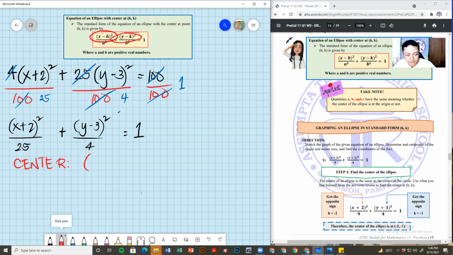Since it became plus 2, it's a negative. So that's negative 2. And then in here, this is y minus k. It's y minus 3. Therefore, there's no conflict in the sign, so that's positive. Okay, so that is our center. Show a thumbs up or any reaction if that process is clear to you.